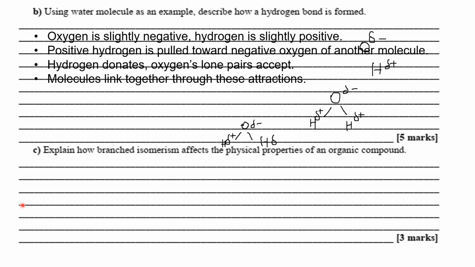So there is some kind of attraction between these two molecules. There's going to be an attraction of this hydrogen there. So this bond, this attraction, is called a hydrogen bond.